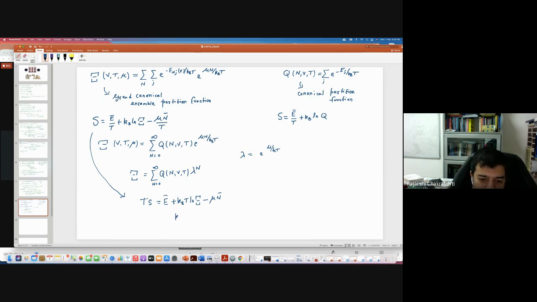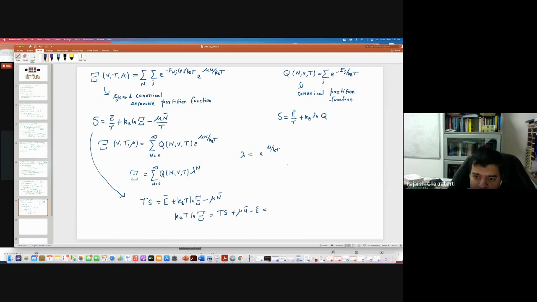Or in other words, k_B T ln Xi is equal to TS plus mu N bar minus E bar. And can anyone tell me what this quantity is?